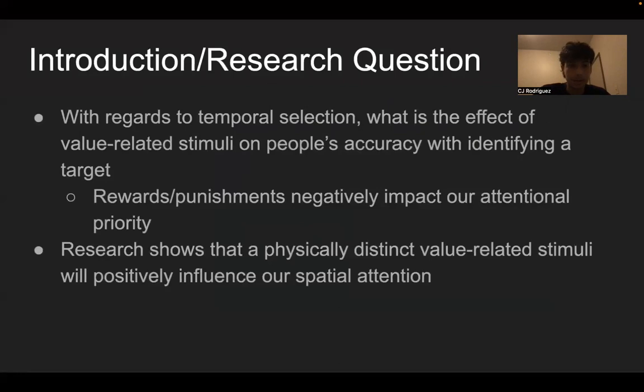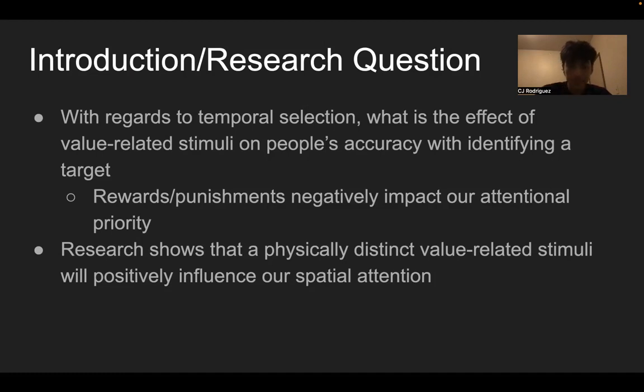And so the question that was trying to be answered with this experiment was with regards to temporal selection, which I'll explain in a minute. What is the effect of value-related stimuli on people's accuracy with identifying a target?